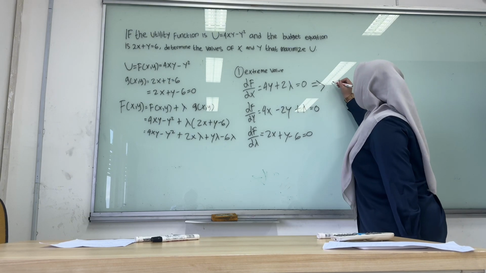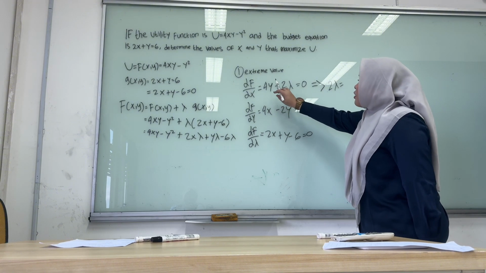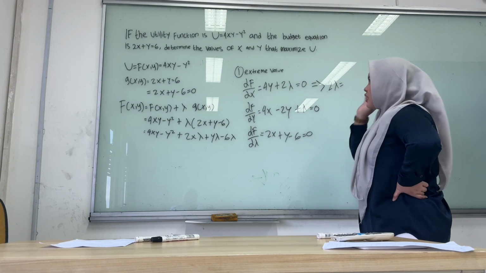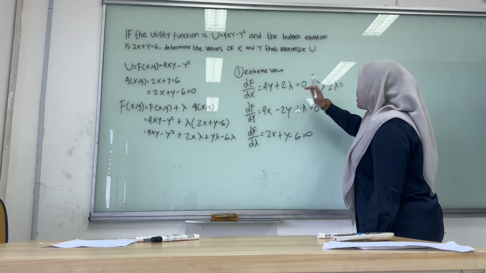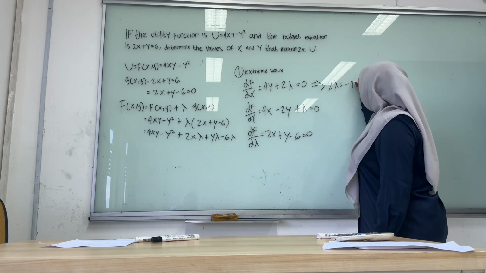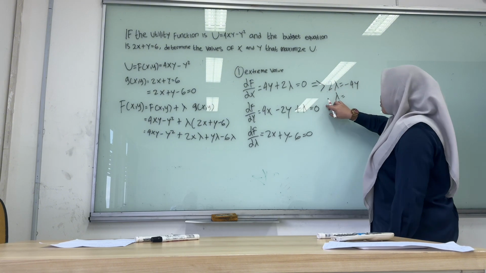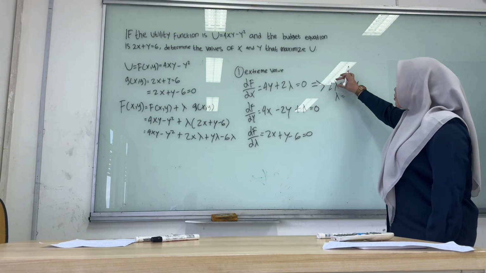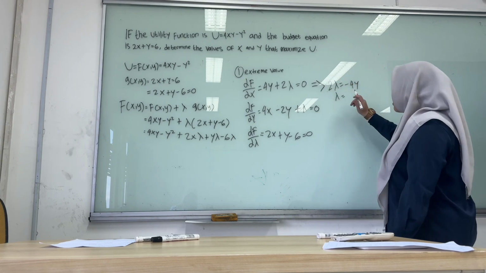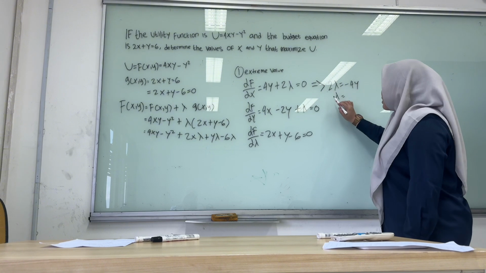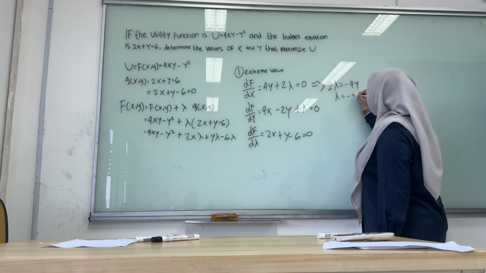So we need to find lambda. So 2 lambda equals, we need to move 4y to the right side, so minus 4y. So we need to divide by 2. So 2 divided by 2 is 1, and then minus 4y divided by 2 is minus 2y.